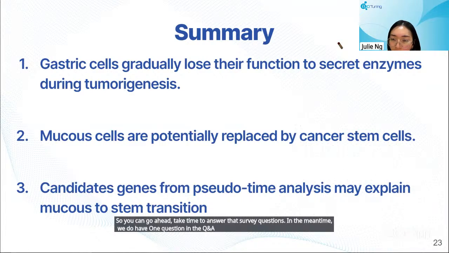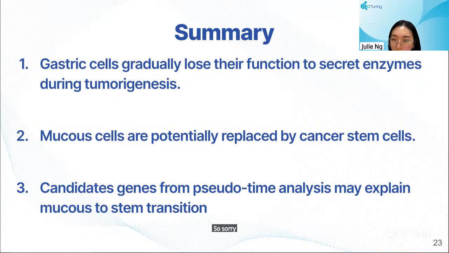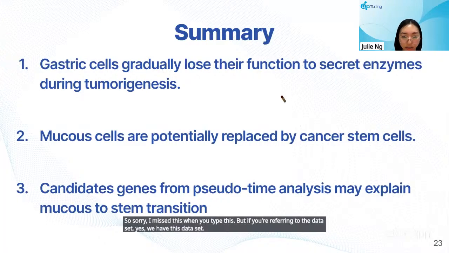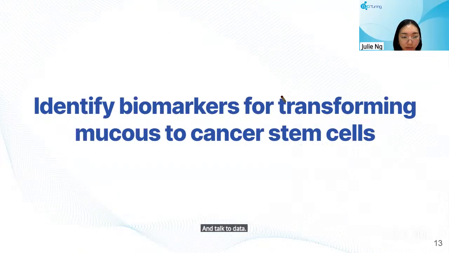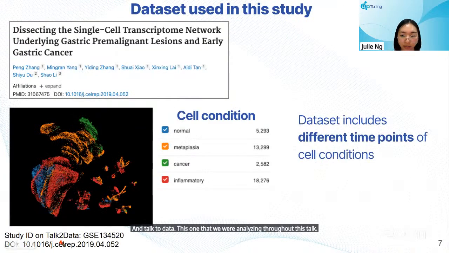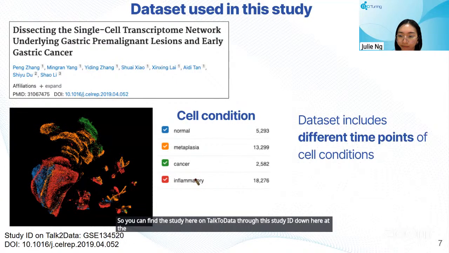So one person asked, do we have this option in Talk to Data as well? Sorry, I missed this when you typed this, but if you're referring to the data set, yes, we have this data set in Talk to Data, this one that we were analyzing throughout this talk. You can find the study on Talk to Data through this study ID down here at the bottom left-hand corner.